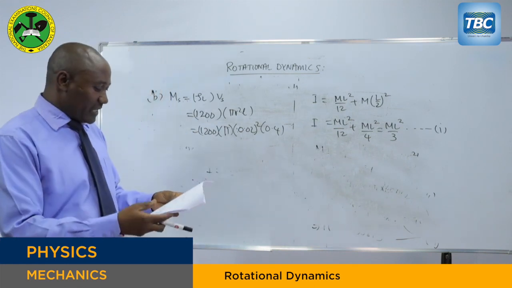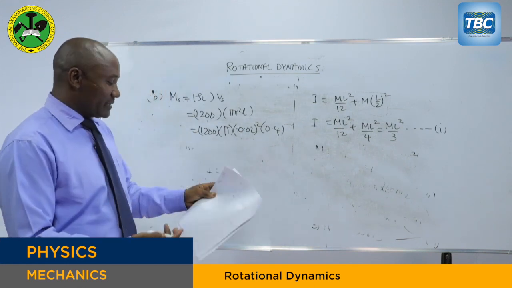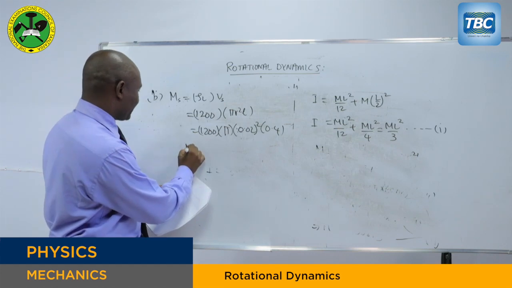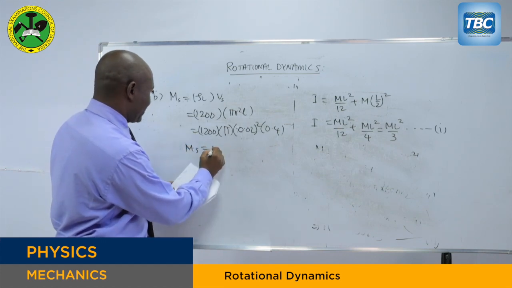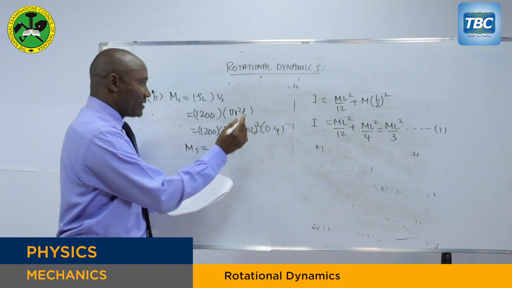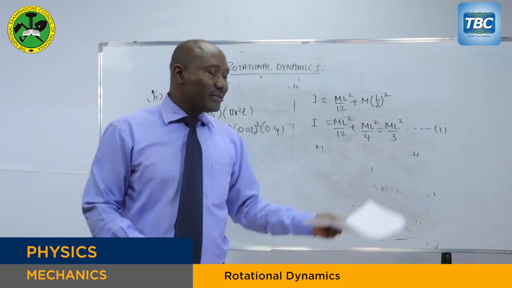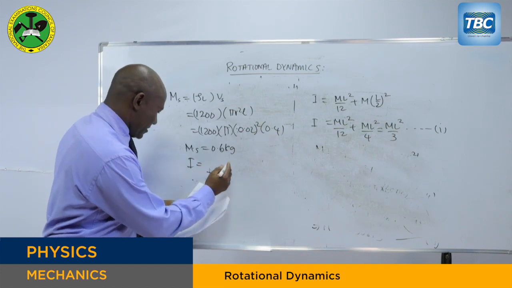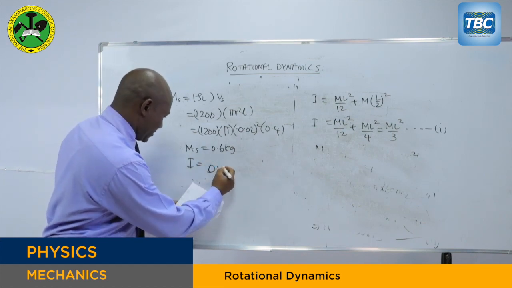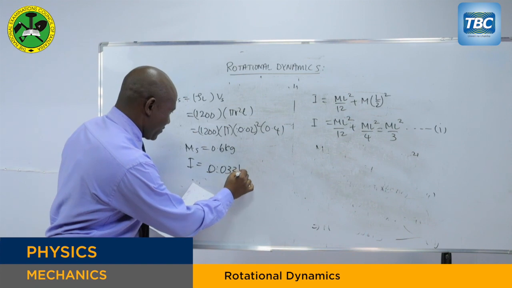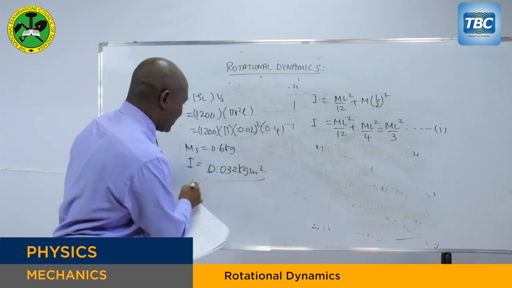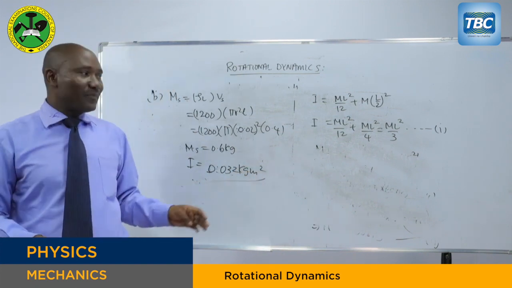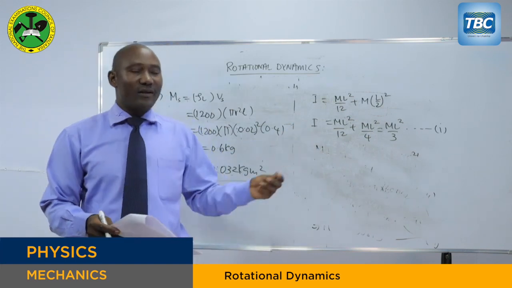And if you compute that, you get that mass as 0.6 kg. So you apply in that formula. You get the moment of inertia about that axis equals 0.032 kilogram meter squared.